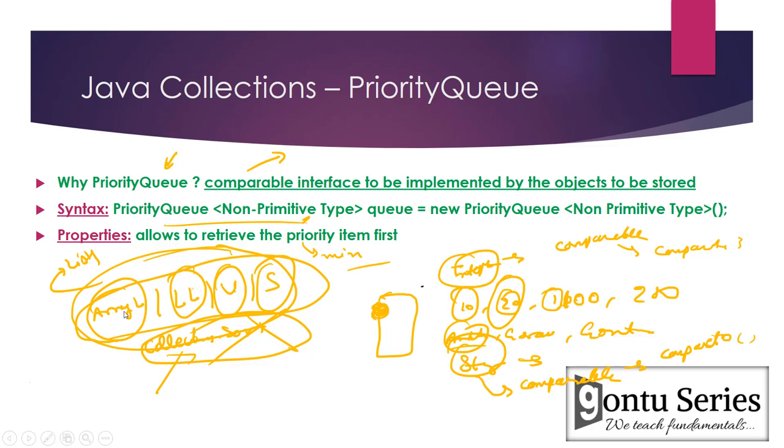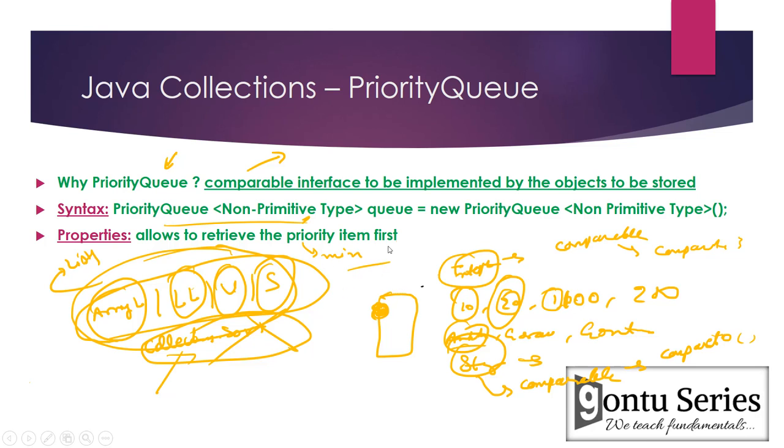So if you have added elements in a specific order, Ankush, then Gontu, and then Gaurav, and then series, iterator is going to display things in that same order. But in case of priority queue, if you use an iterator, it's not going to give you things in that order. It's going to give you things in a random manner that's not defined.